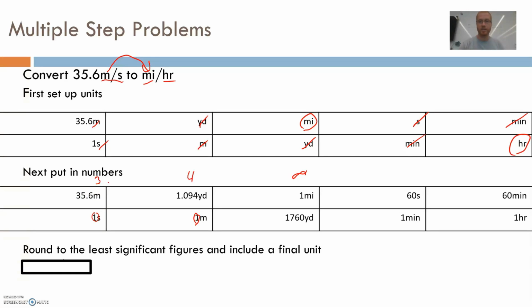That has 3 significant digits. This is exact, so it has infinite. This is exact, so it has infinite. So all you got to do is keep the least number of significant figures. Keep 3 significant figures. So multiply across the top, divide by the bottom, round to 3 significant figures, and include a unit, and you end up with 79.7 miles per hour.